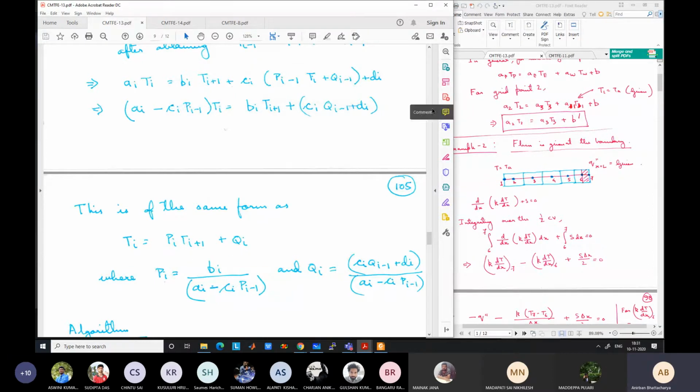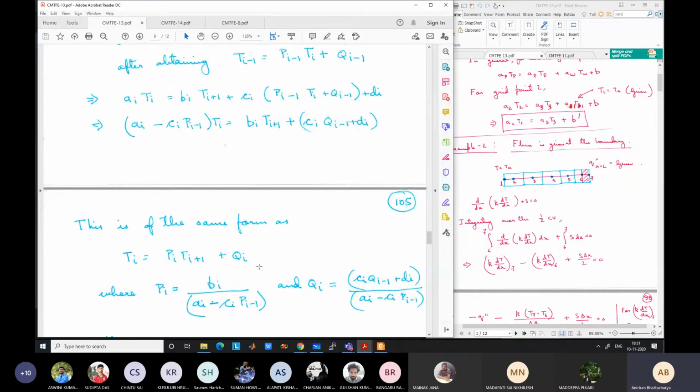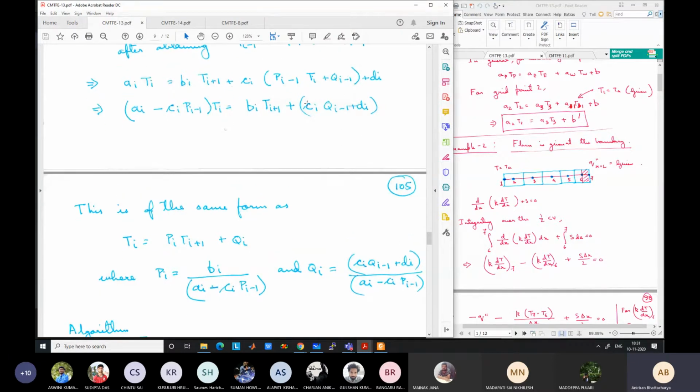Look at the coefficients that are present. Coefficient for Ti plus 1 is Bi by Ai minus Ci Pi minus 1, right? Similarly, the coefficient Qi is Ci Qi minus 1 plus Di divided by Ai minus Ci Pi minus 1. So this term divided by this term. This coefficient is given here, same thing.